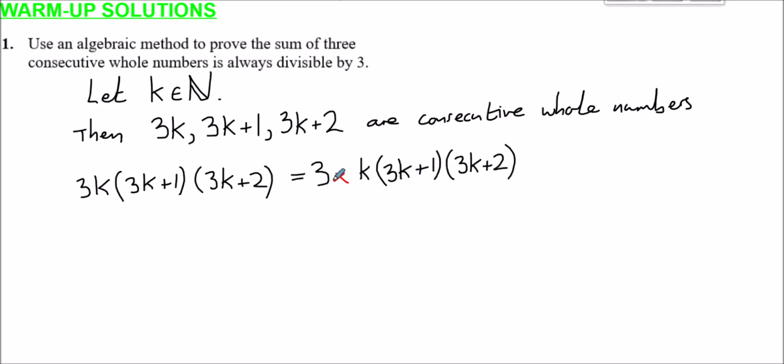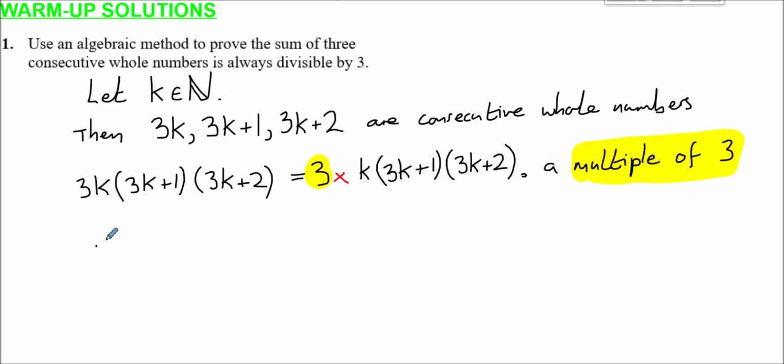So by writing it in this way, we can see clearly that this is a multiple of 3. Because we've just factorised out very clearly this 3 here. If something's a multiple of 3, that's the same as saying it's divisible by 3.